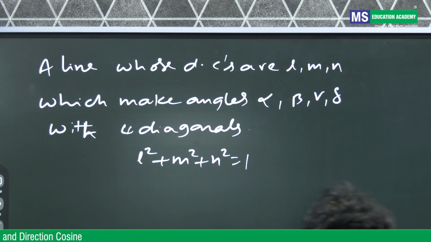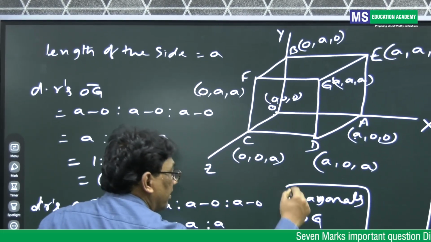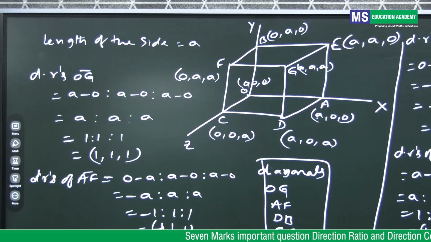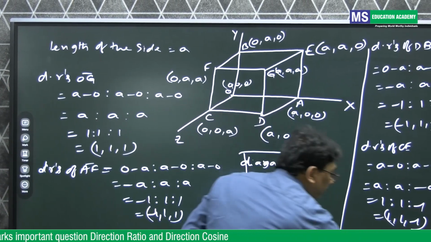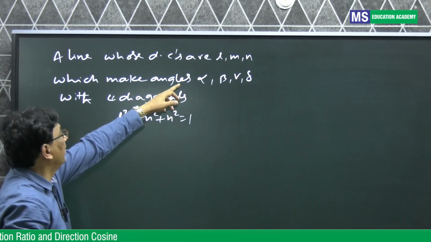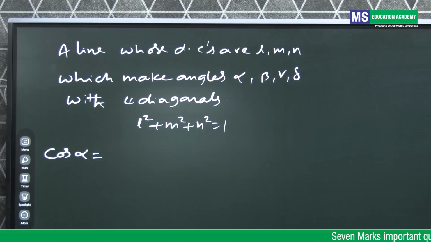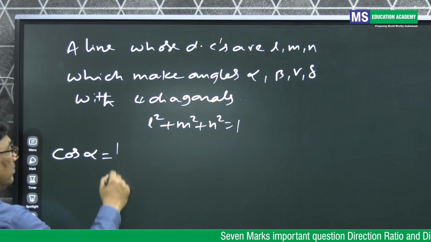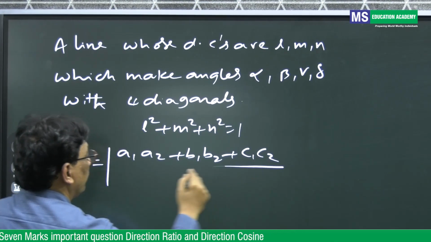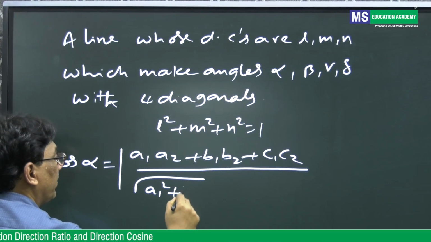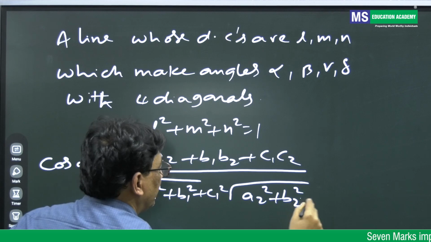Now you can observe, the diagonals DRs we have calculated here. The first diagonal is OG and the line L is making an angle alpha, he was saying. Alpha is the angle made by that line with the first diagonal OG. Then we have cos alpha equal to the formula A1 A2 plus B1 B2 plus C1 C2 by root of A1 square plus B1 square plus C1 square, root of A2 square plus B2 square plus C2 square.